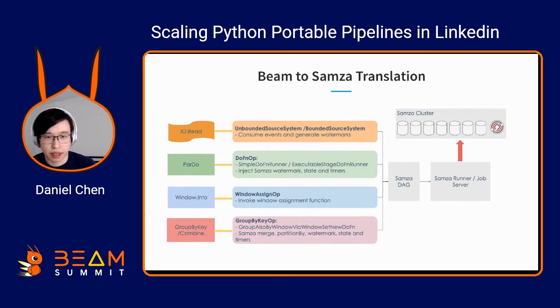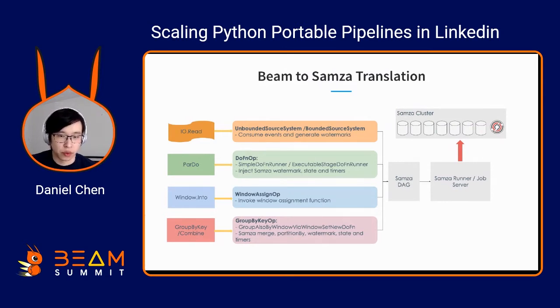We do need, however, here to generate the watermarks as well, because Samza natively doesn't support event time. The next part is ParDo, and this is where it kind of diverges between the portable runner versus the actual Java runner.